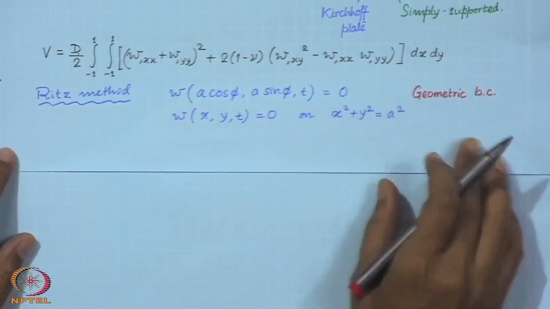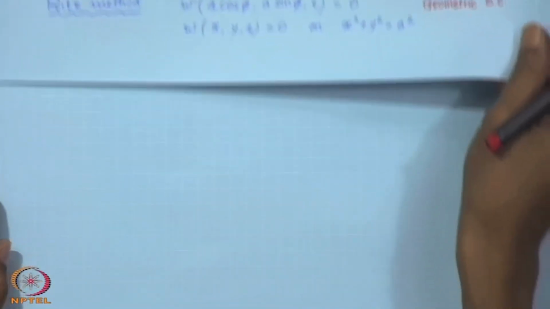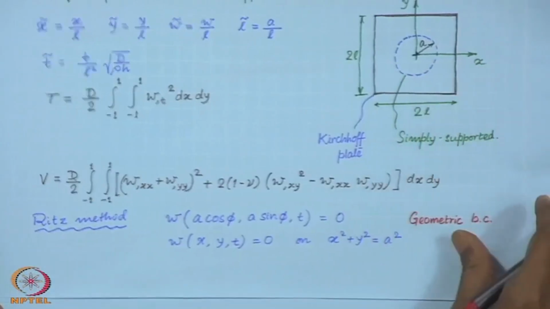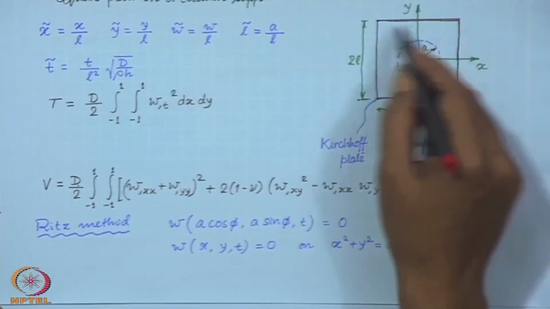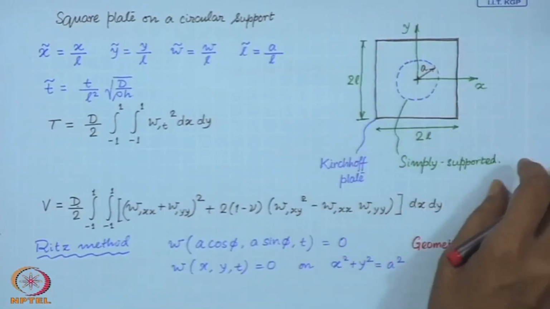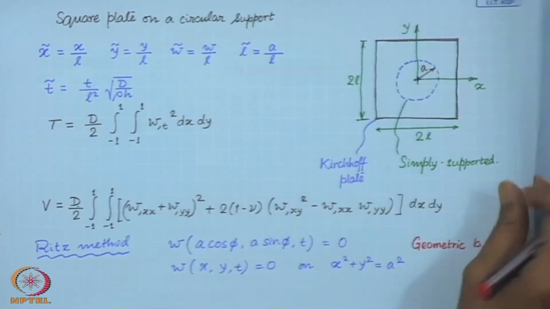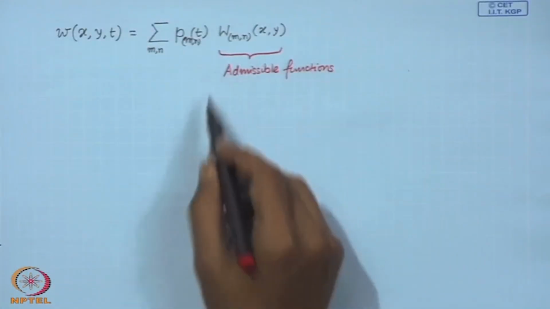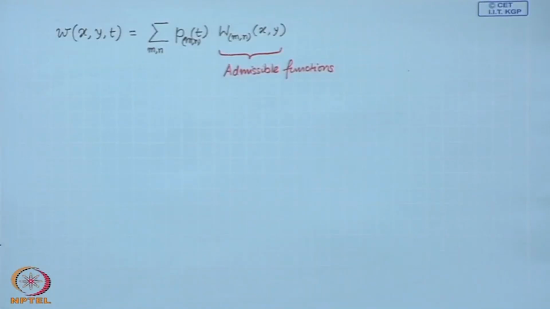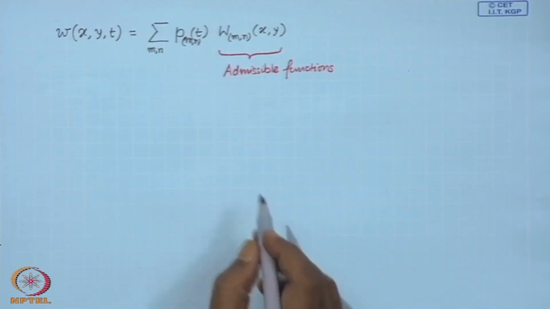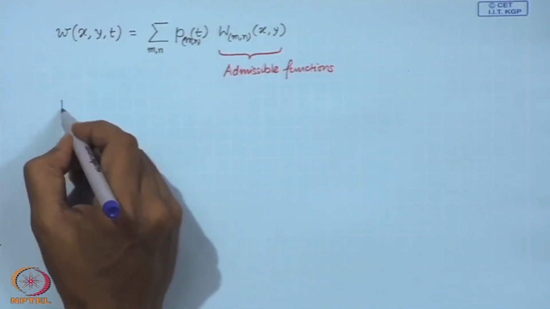So, we have a geometric boundary condition in this problem, and of course, there is a natural boundary condition also. Here on the edge, these are free edges, so we again have natural boundary conditions at the free edges. Now, what could be a good choice of admissible functions for this problem?